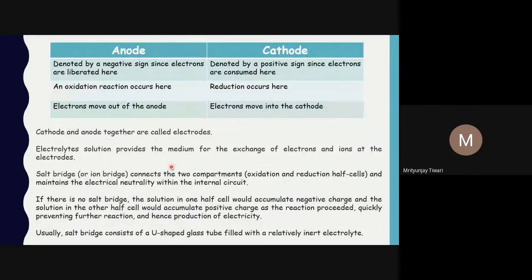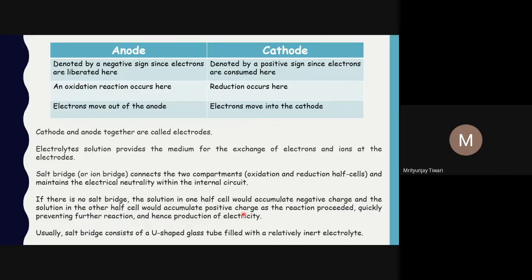So we use a salt bridge or ion bridge, which connects the two compartments, the oxidation and reduction half cells, and maintains electrical neutrality within the internal circuit. If there is no salt bridge, the solution in one half cell would accumulate negative charge, and the solution in the other half cell would accumulate positive charge.